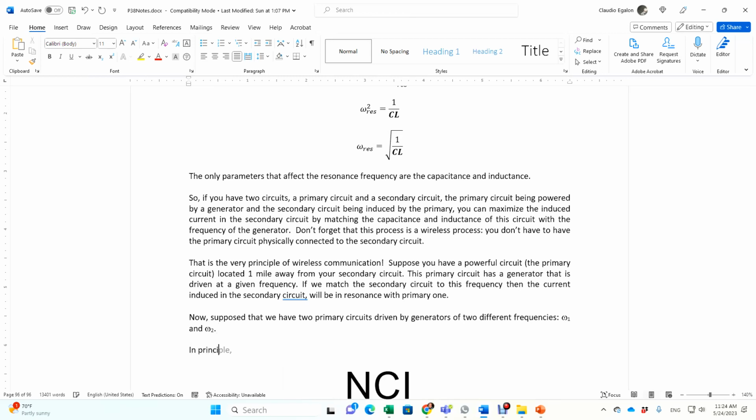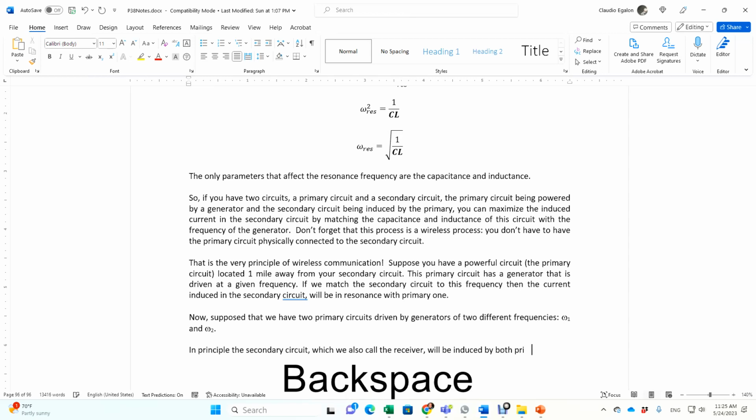In principle, the secondary circuit, which we call the receiver of the electric field that's being induced by those two circuits, will be induced by both primary circuits, right?